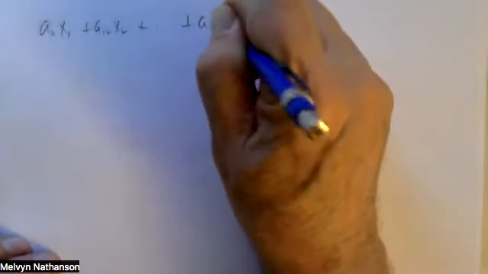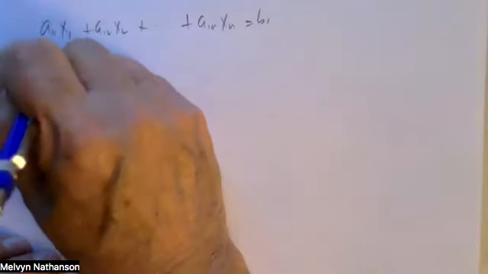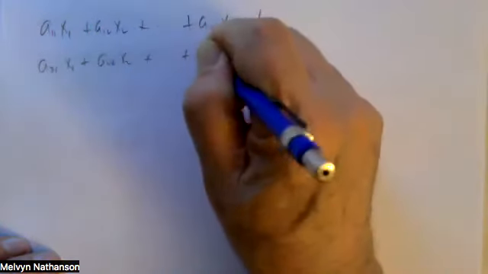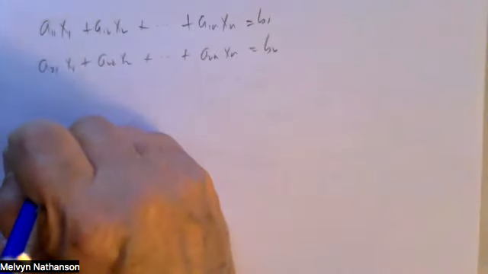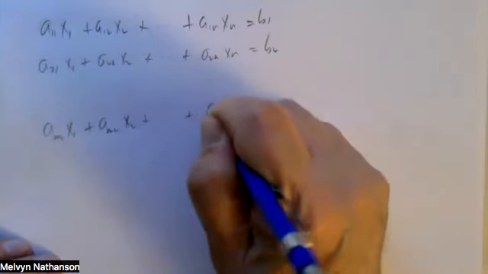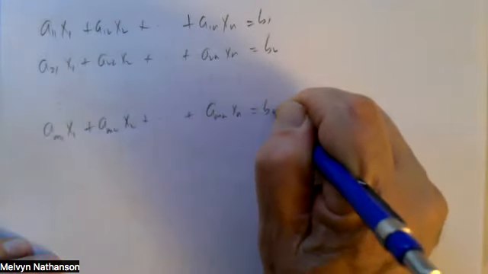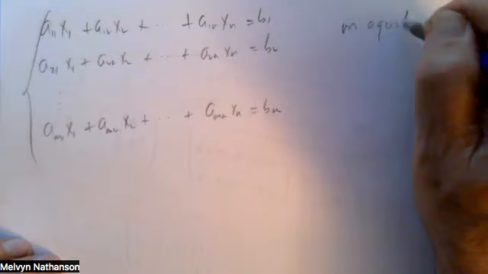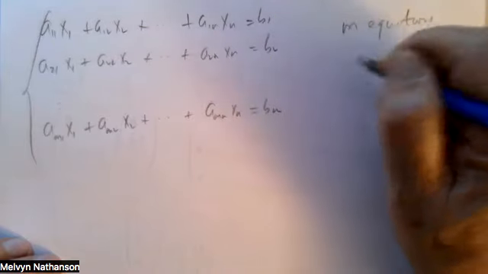It's a11 x1 plus a12 x2 up to a1n xn equals b1, a21 x1 plus a22 x2 up to a2n xn equals b2, down to am1 x1 plus am2 x2 up to amn xn equals b sub m. This is m equations in n variables.